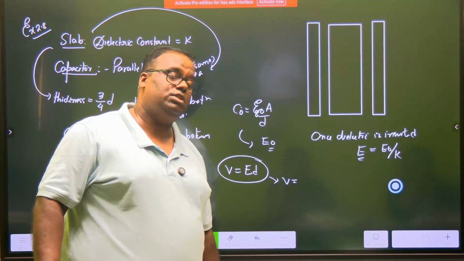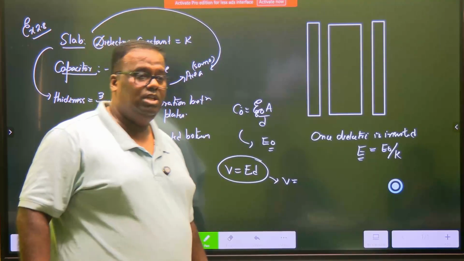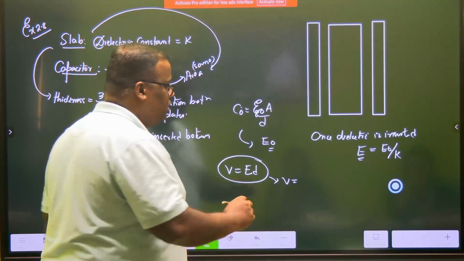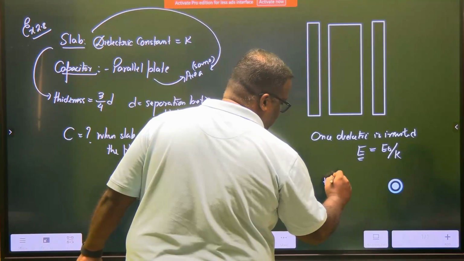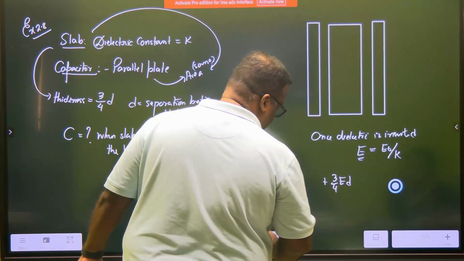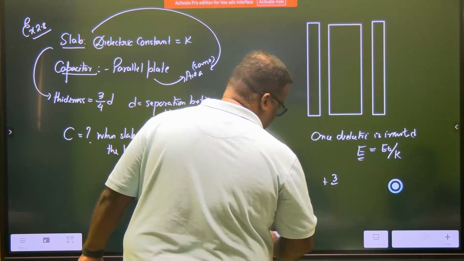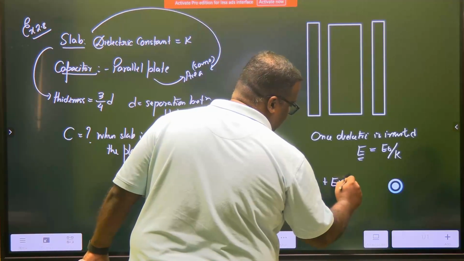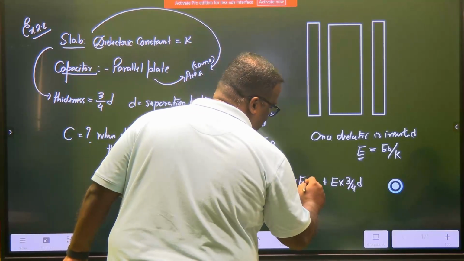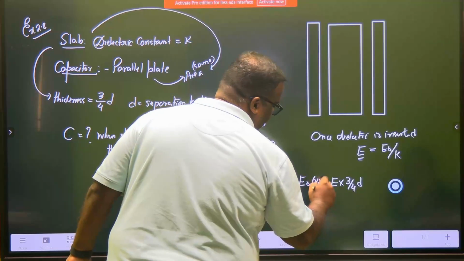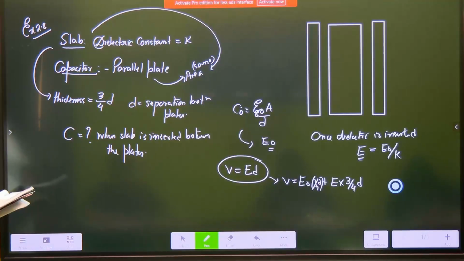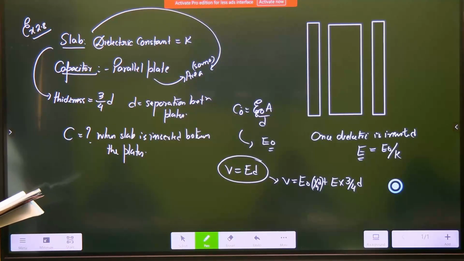So 3/4 of this distance you have actually filled up with E. So this V should be E multiplied by 3/4 of D, right? And it should be E0 multiplied by 1/4 of D. Have you understood this? Right? So 3/4 and 1/4.